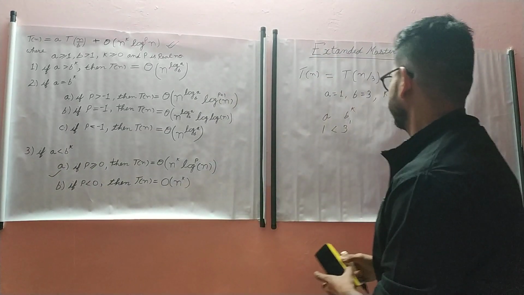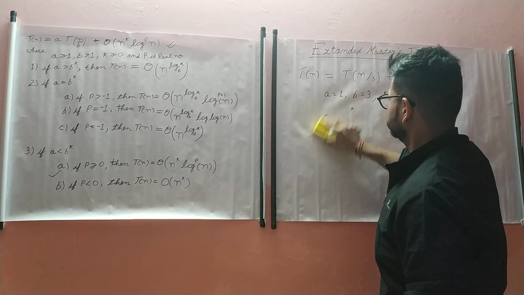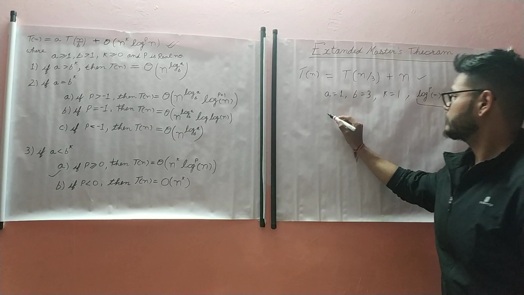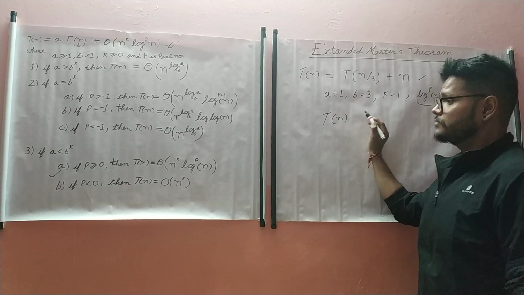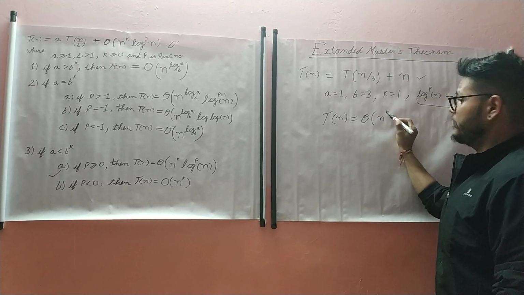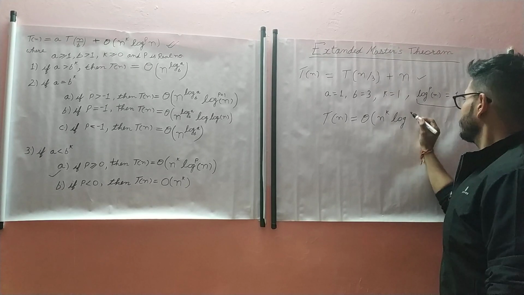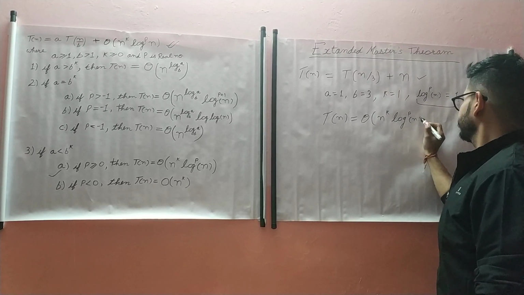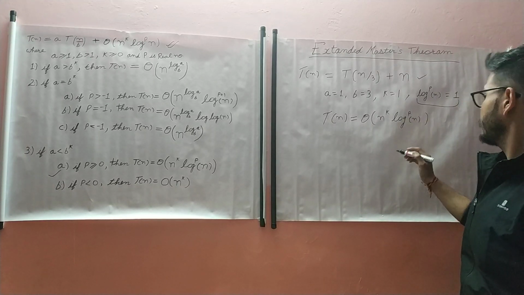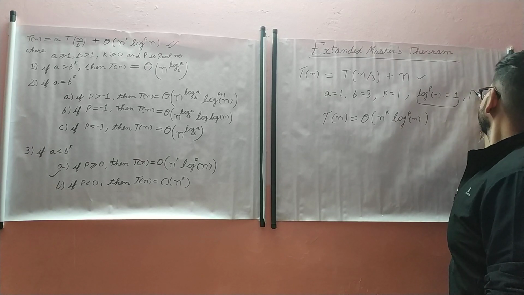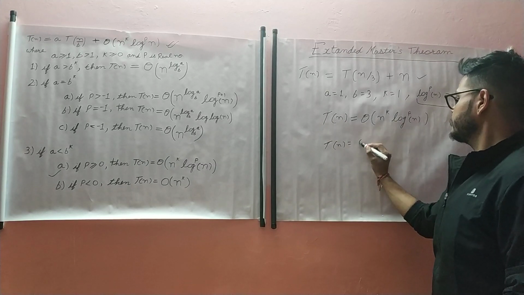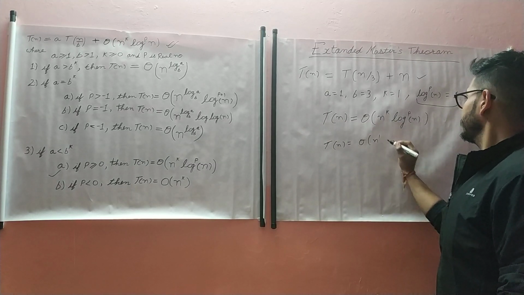T(n) = theta(n^k log^p n). Now we will put the values of k and p.